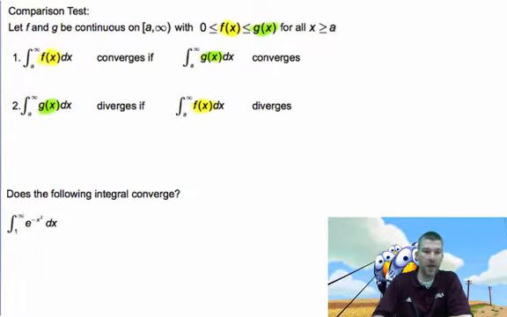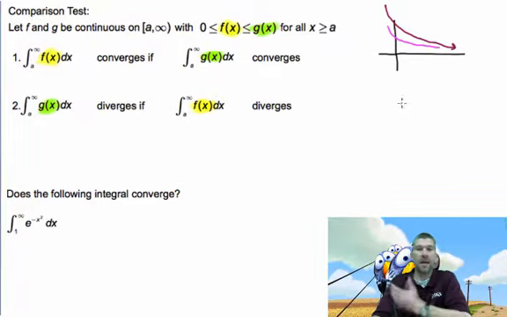If we were to have a graph of a situation where, on the convergent part, I drew f of x here, and I drew g of x here, and I told you that f of x was less than g of x, well, my pink line is going to go wherever that purplish line goes.